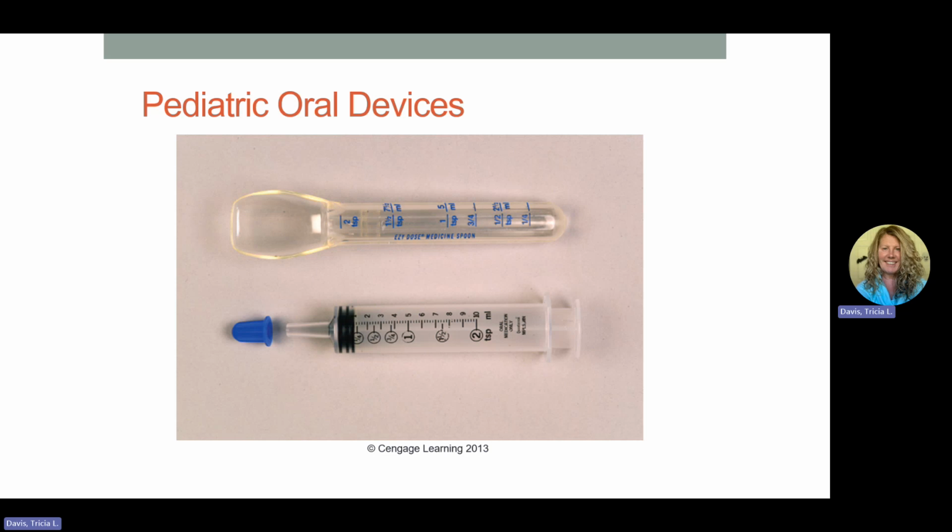And then the top picture there is a spoon that has measurements on the side of it. You can hold it upright, draw up the amount of medication that you need, and then you can administer the medication to the child through the spoon.